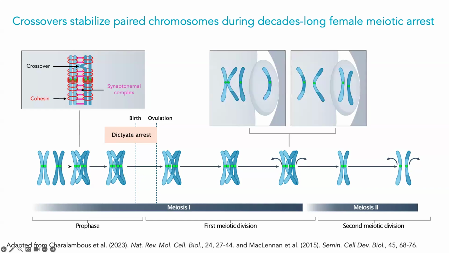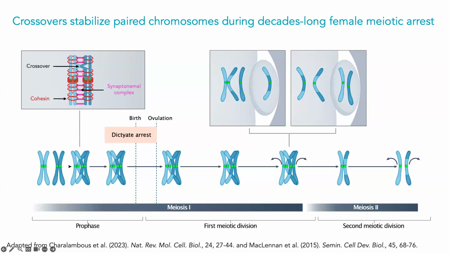And failure to form these bivalent structures due to abnormal crossovers, as well as age-related deterioration of those cohesin proteins, which are loaded in fetal development but never replenished, are thought to be the main mechanistic causes of these aneuploidies in the female germline.